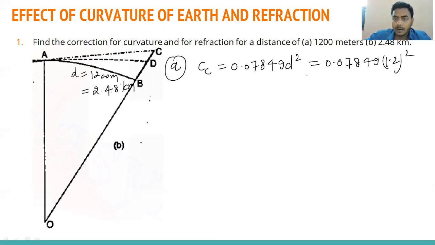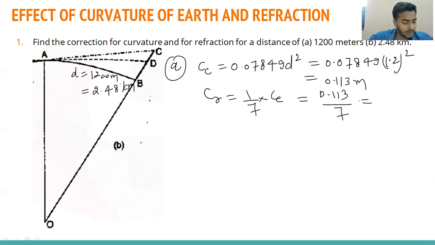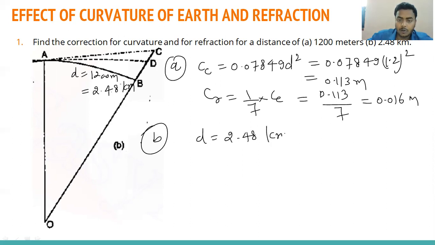1.2 square. You can get this value: 0.113 meter. Now CR, that is 1/7 of CC. So 0.113 divided by 7, we are getting 0.016 meter. Now calculate the second part. We have 2.48 kilometers.